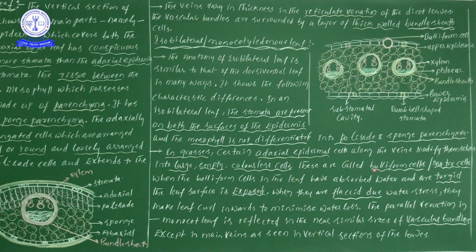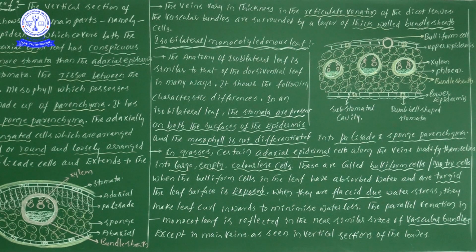These cells we call bulliform cells or motor cells. Once you see the diagram, you will know. In the upper epidermis, this cell is a bit bigger. This particular specialized cell we take as bulliform cells or motor cells.